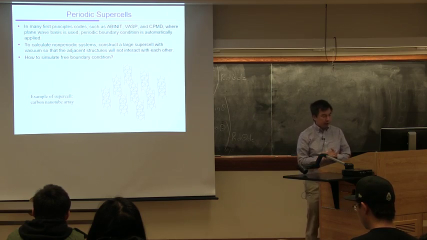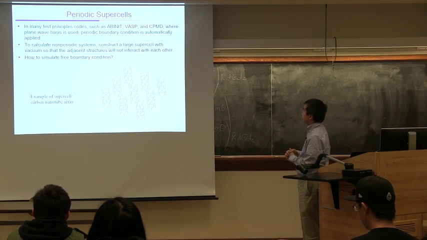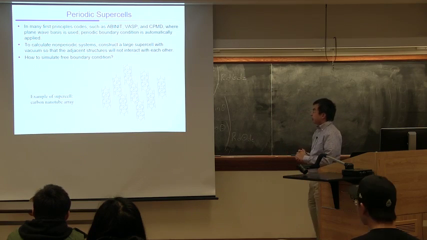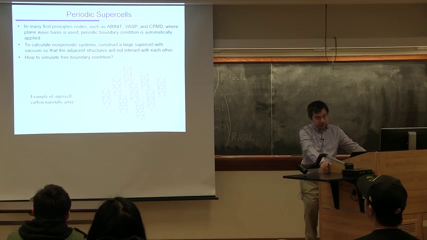So they became pretty popular for materials research, right? In these codes, the plane wave basis is used, so basically, a periodic boundary condition is always applied in these systems.